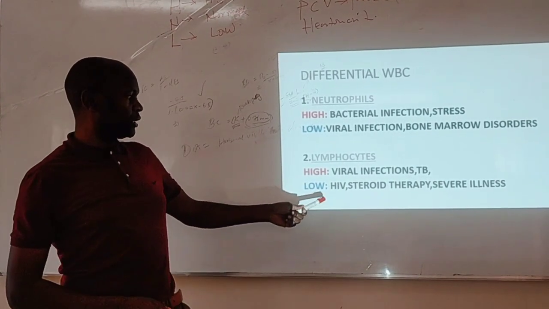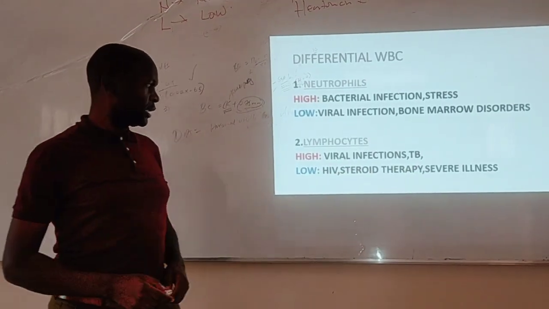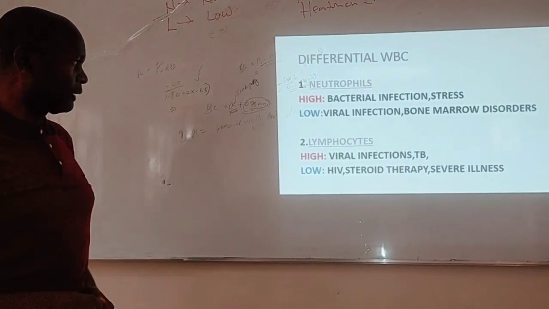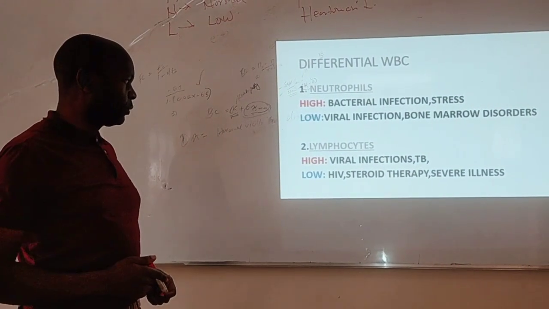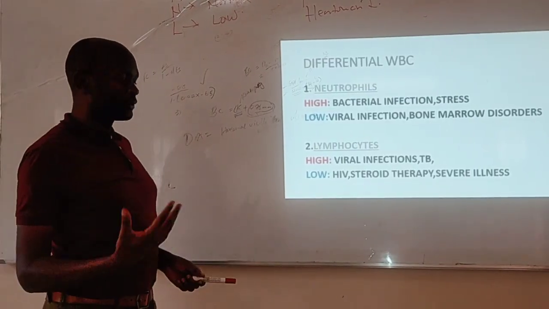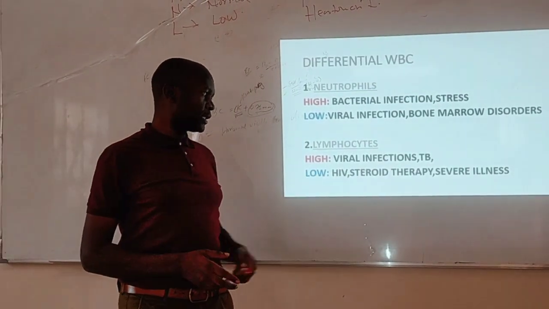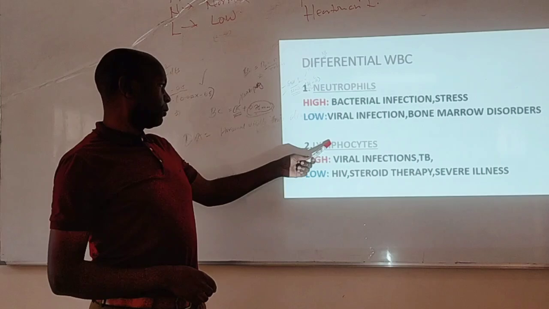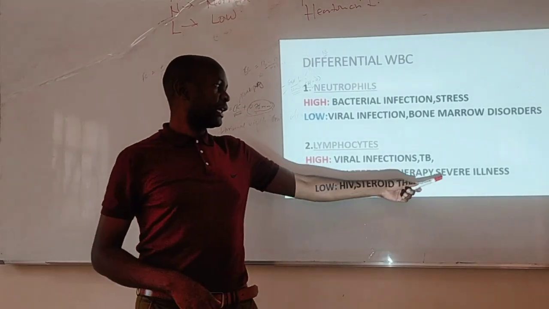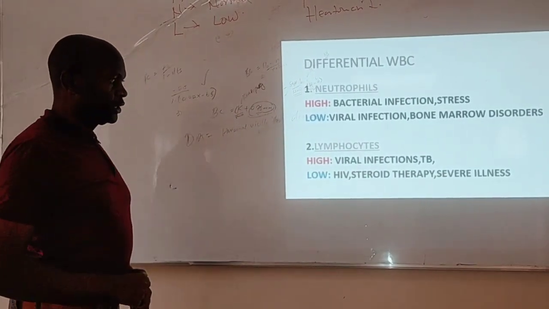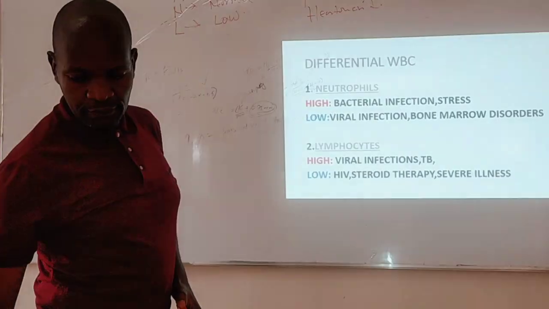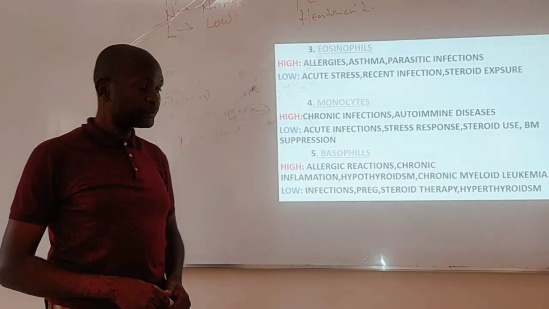And also the patient could be on steroid therapy, maybe a patient who is on management of some conditions using steroids. Also, when the lymphocytes are low, it can mean that this patient just has a severe illness.